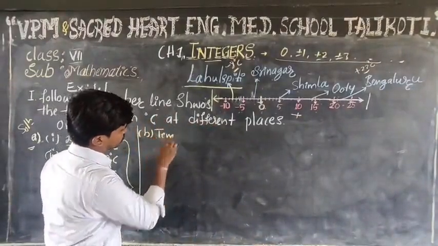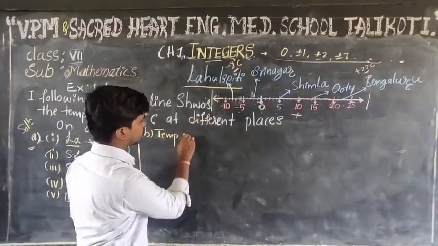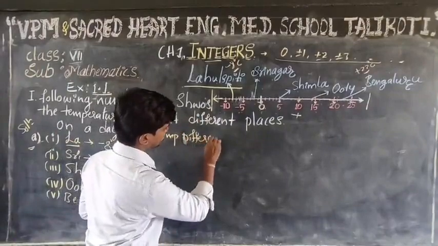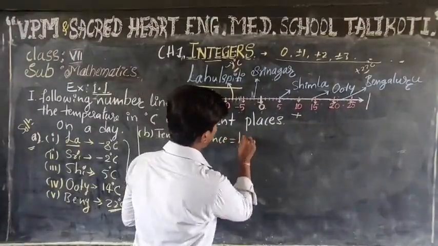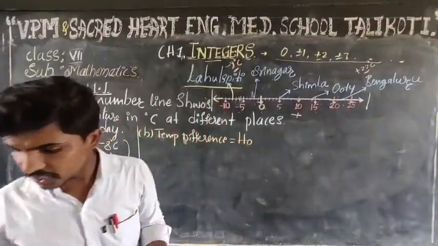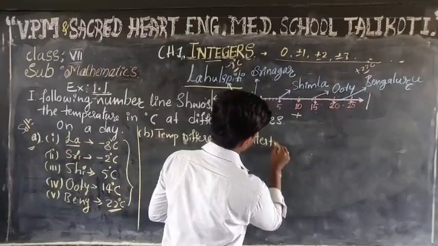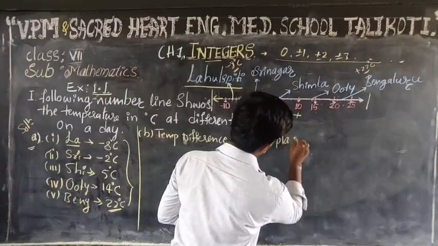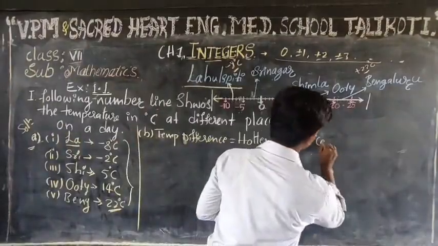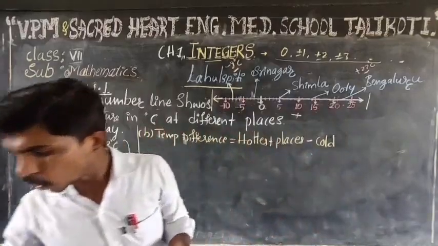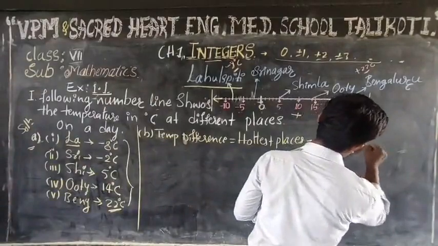Temperature difference is equal to the hottest place minus the coldest place.